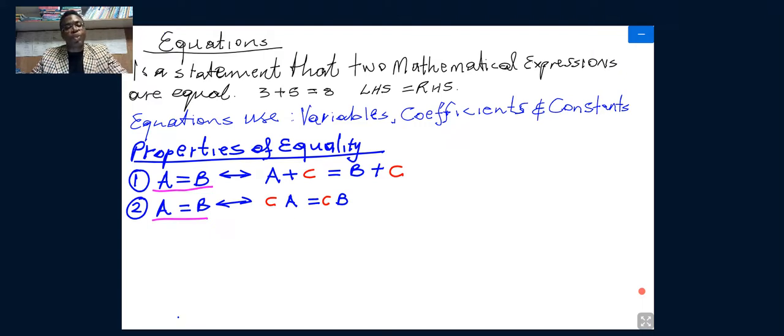We have 2 properties of equality. From the beginning of our lectures, we have been talking about properties, rules, and laws. These are toolboxes. These are tools that we need.